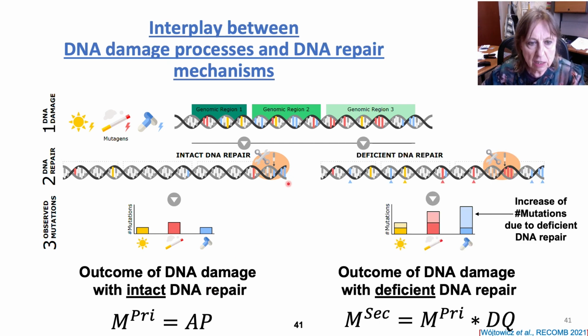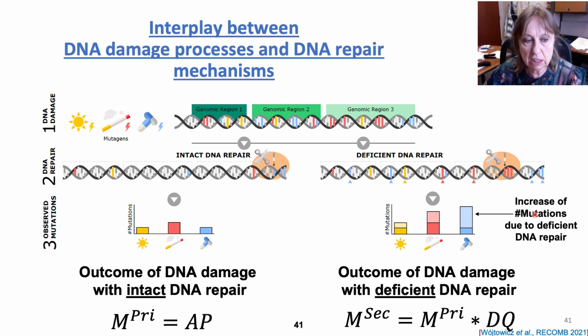However, if the DNA repair mechanism is deficient, then some of the lesions caused by those mutagenic processes that normally would be repaired will not be repaired, and in which proportions they are not being repaired will depend on the specific deficiency of the process.